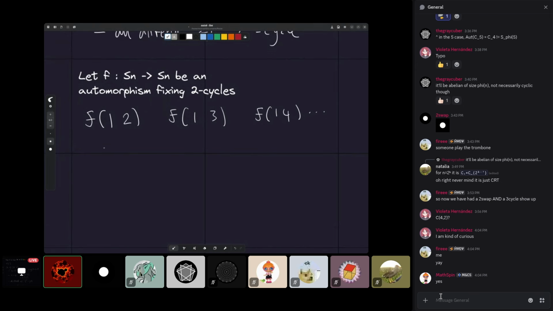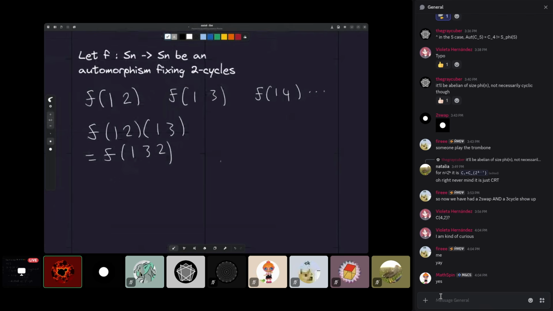Well, we're going to look at where f sends the product of these things. So f of (1 2)(1 3), we know that is f of the 3 cycle (1 3 2).